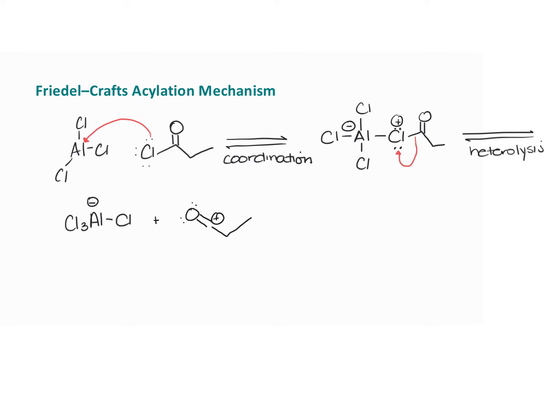Okay, now this here is called an acylium ion, and it is a relatively highly reactive electrophile, but it is resonance stabilized. Okay, and so you can draw the resonance structure here.